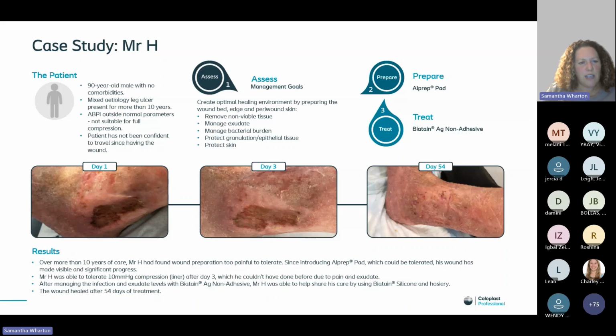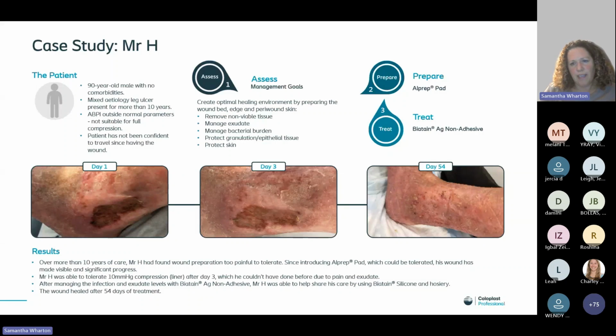So on day 1, you can see it's quite dark in presentation. And even by day 3, you can see that that wound bed looks much healthier and the peri-wound skin looks much healthier. So for the prepare element, the wound was prepared with all prep pad. And then for the treatment, it was treated with biotin AG non-adhesive.